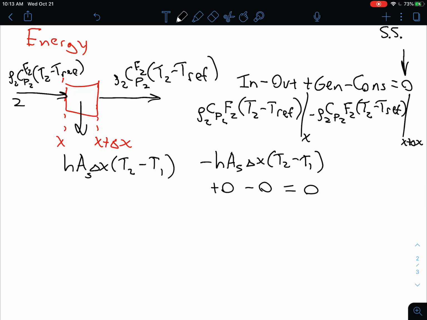And so let's actually collect some terms. What we're going to look for is the definition of the derivative as we take the limit as delta x goes to 0.